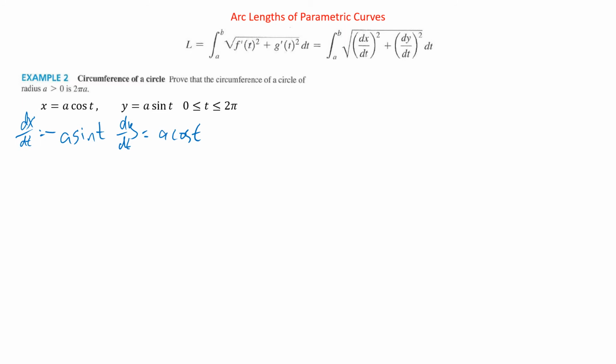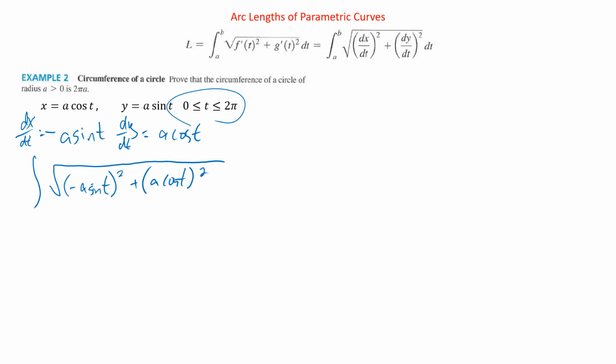And so we're going to have the square root of negative a sine t squared plus a cosine t squared. We're going to take the antiderivative of that from 0 to 2 pi, and that will equal the circumference.